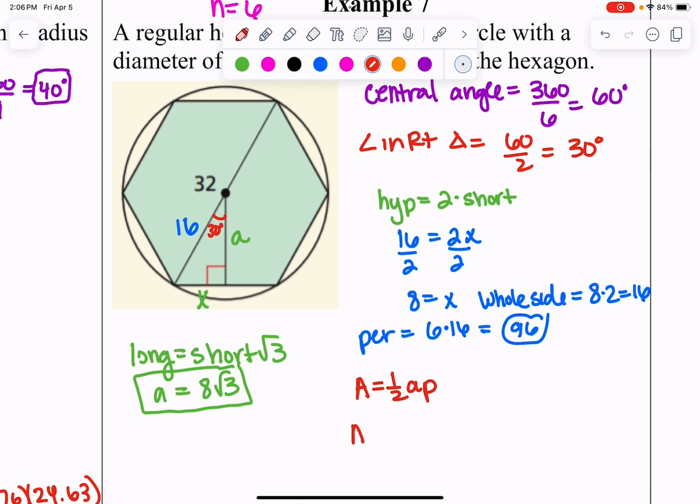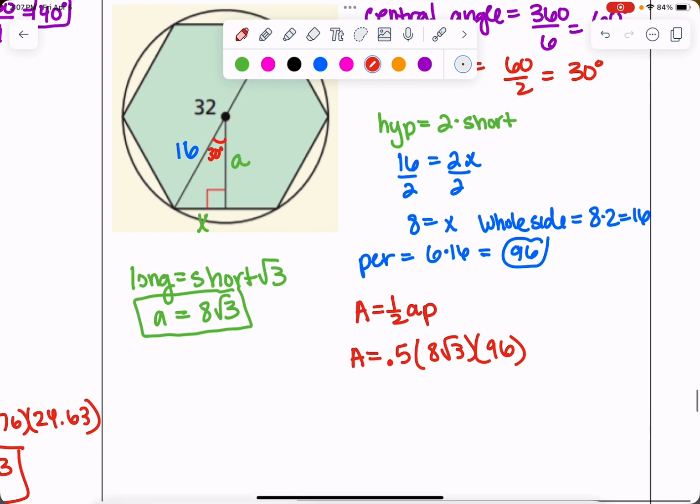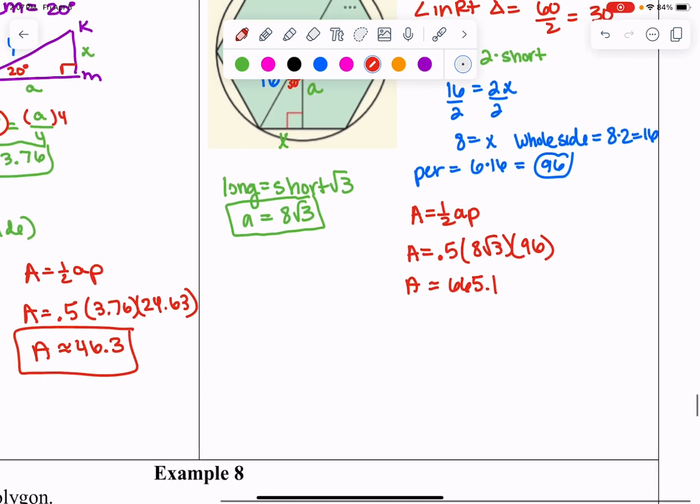And so once again, I would use 0.5 as my 1/2 times 8 radical 3 times 96, and that's going to give me 665.1. And again, I think it's just units, so square units.